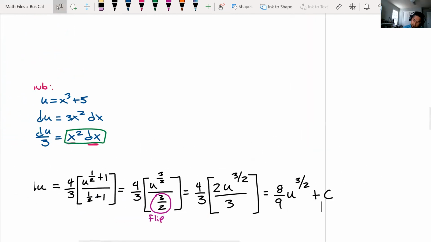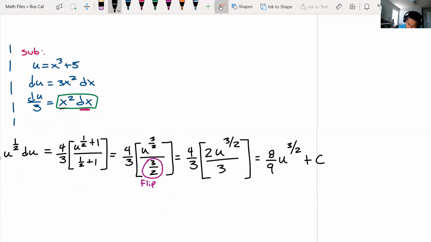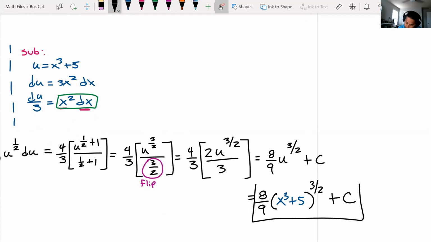Almost done, because now we have to plug back in u. And what was u? X cubed plus 5. Good. To the 3/2 plus c. There you go.